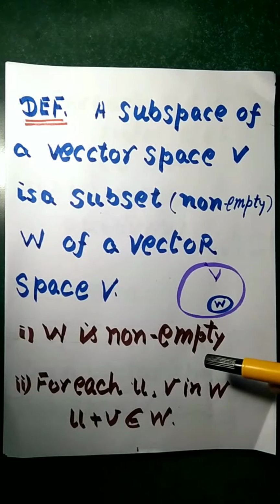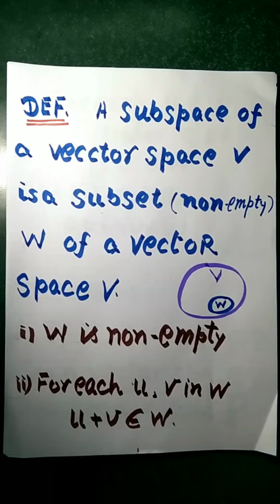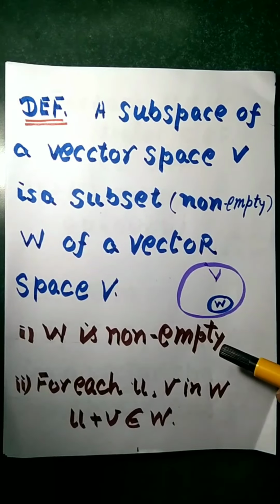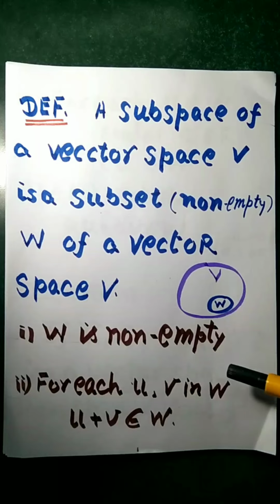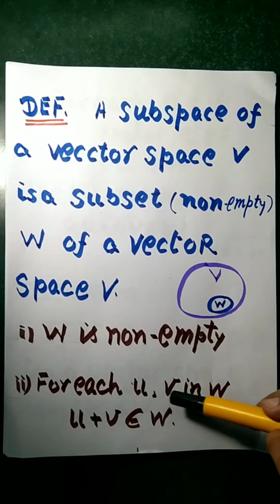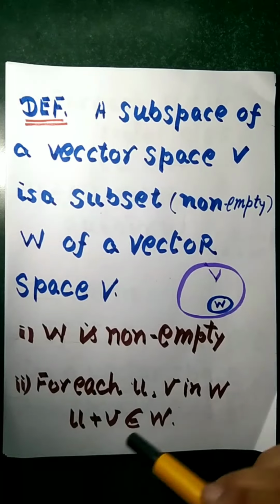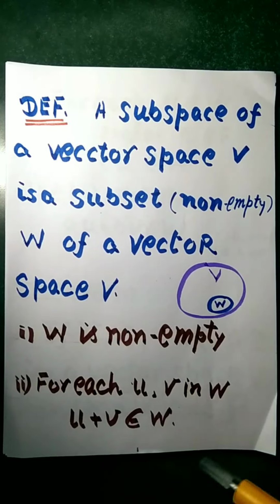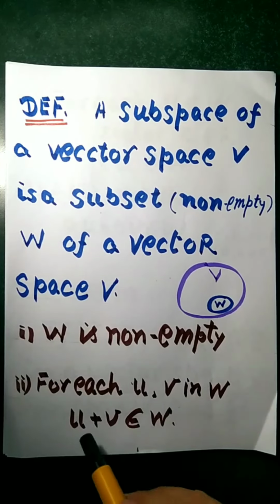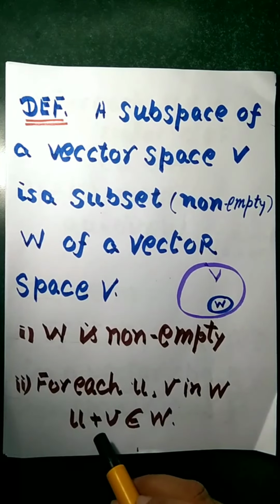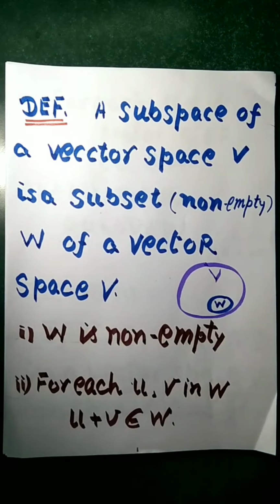W is non-empty, at least one element should be there. The additive identity belongs to the set W. For each vector u and v in W, the sum of these vectors will again be in W. So W is closed under vector addition.